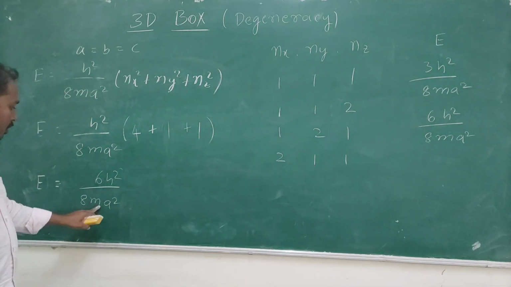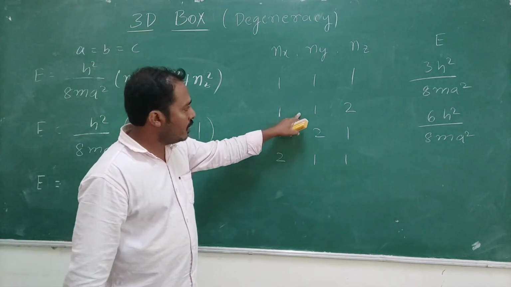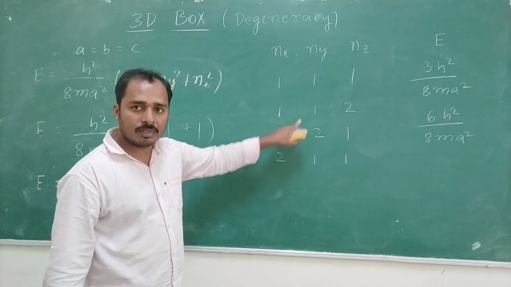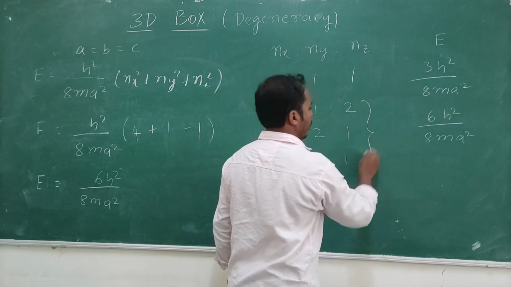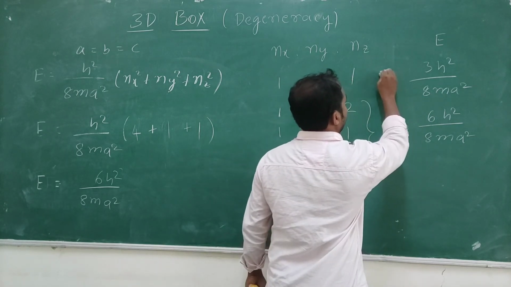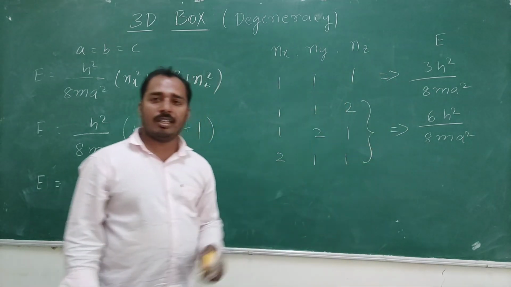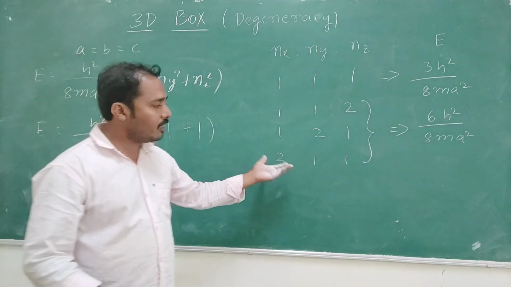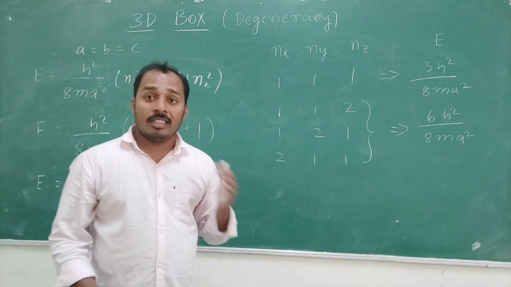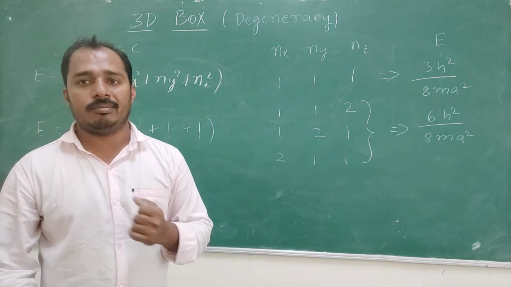So 6h square divided by 8 m a square. So these three states have the same energy. So it is called degeneracy. It is threefold degeneracy.